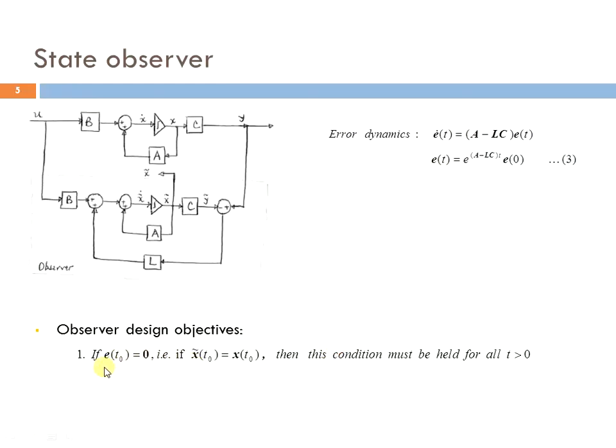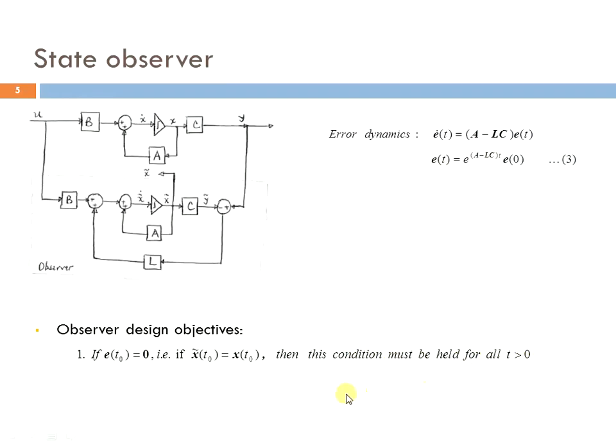If we start initially with a zero error, which simply means that the observed state vector is equal to the actual state vector, then we desire this condition to be maintained for all time greater than 0.